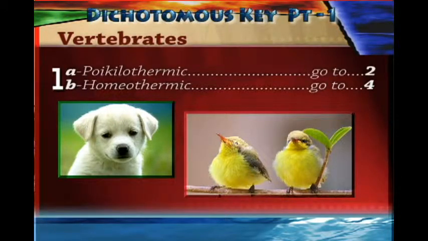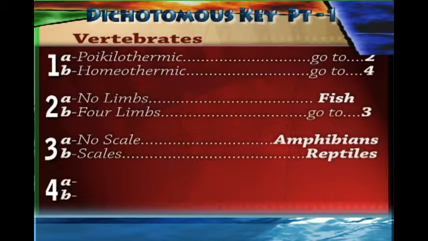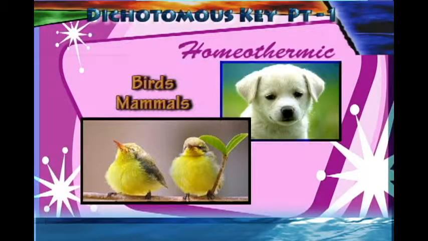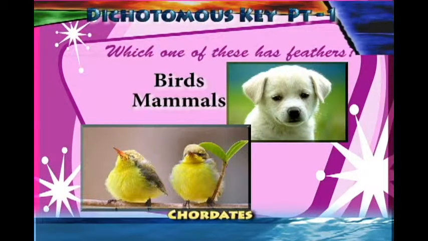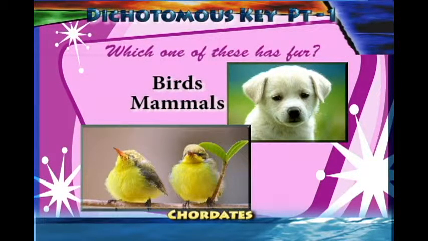Remember at the beginning we had homoiothermic and poikilothermic, and we had sent homoiothermic to number 4. Now when we come to number 4, we have the homoiothermic classes, which include the birds and the mammals. Then we have to come up with questions like, which of the following has feathers and which has fur?